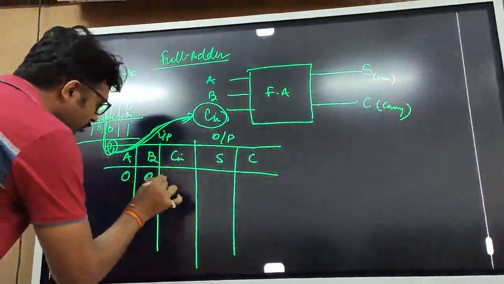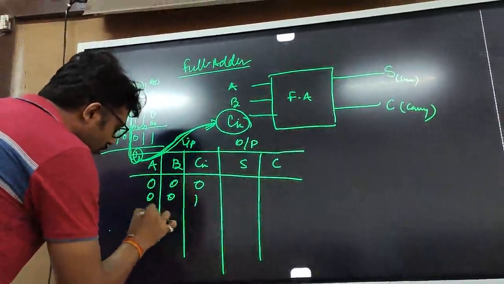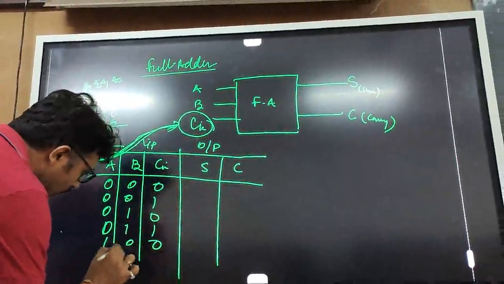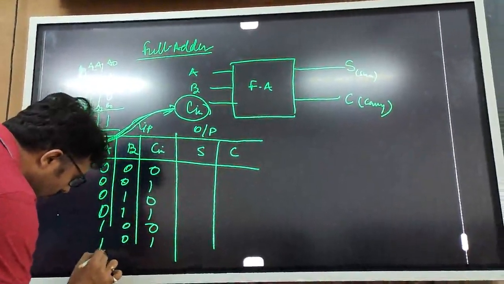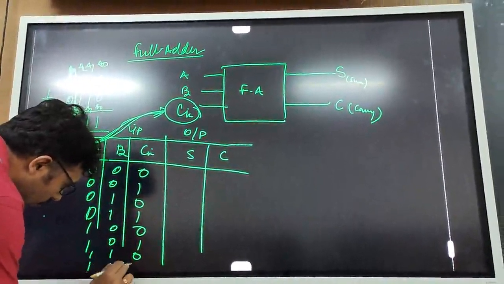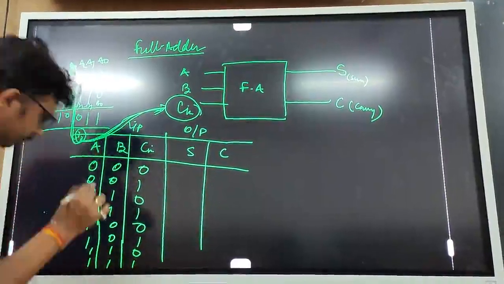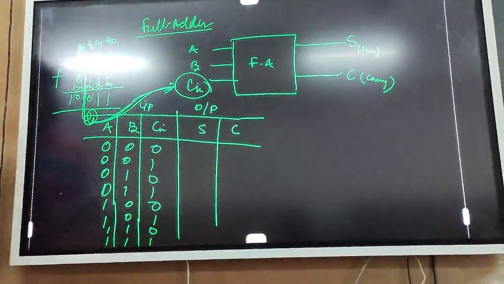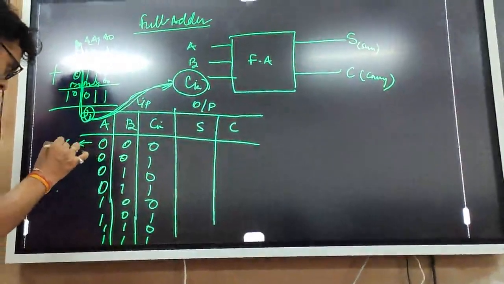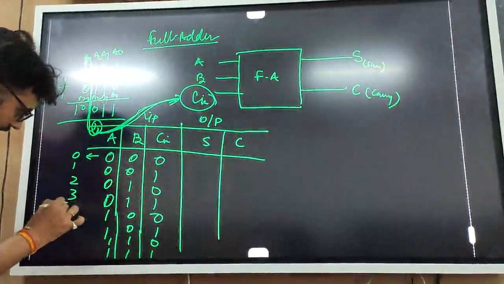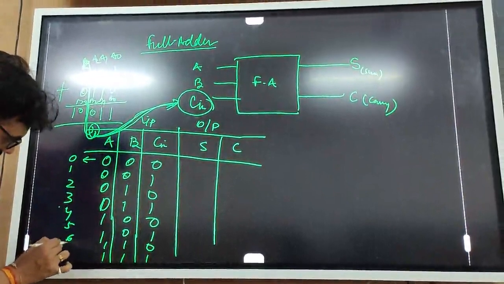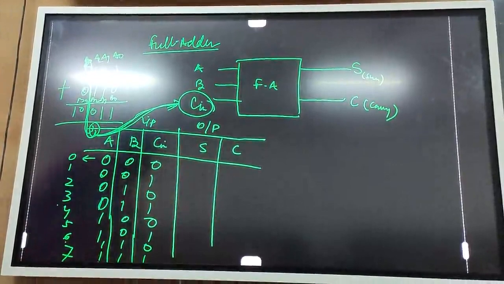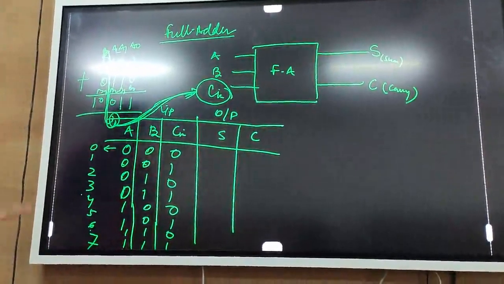That will be 000, 001, 010, 011, 100, 101, 110, 111. Each combination is related to a decimal value, that is 0, 1, 2, 3, 4, 5, 6, 7.